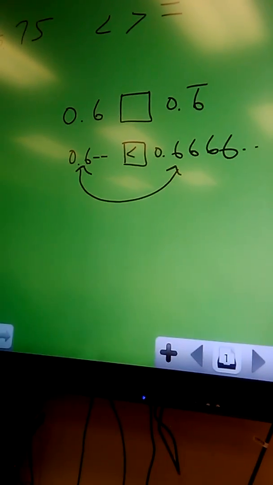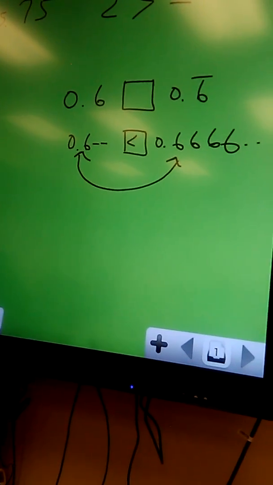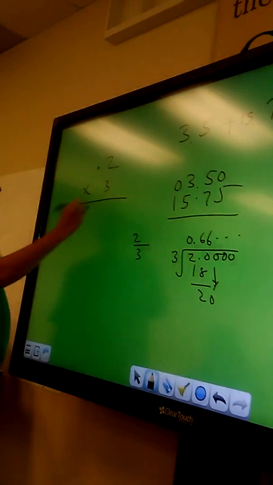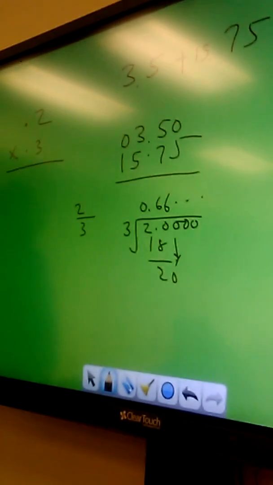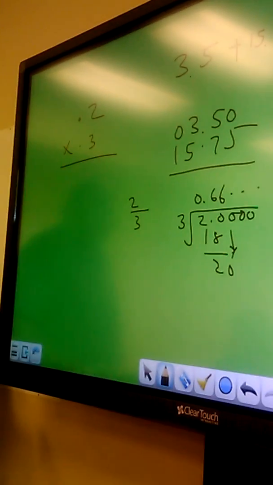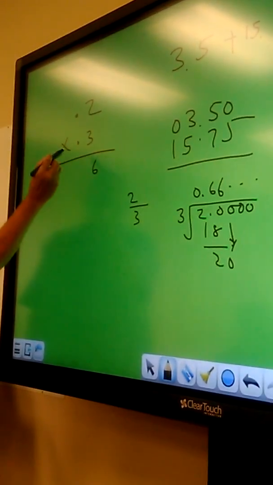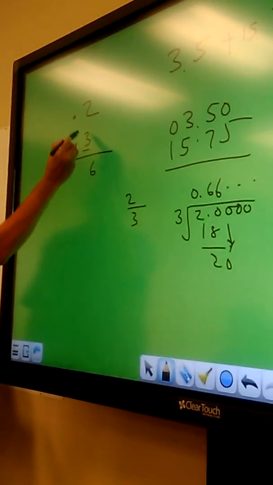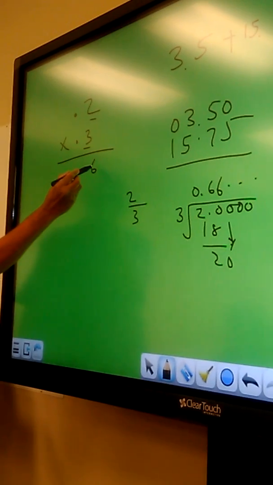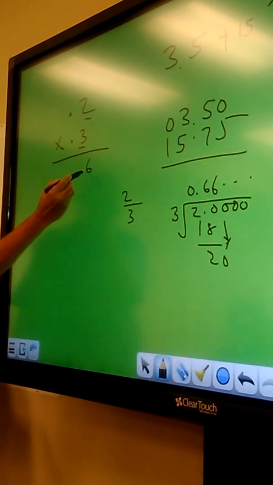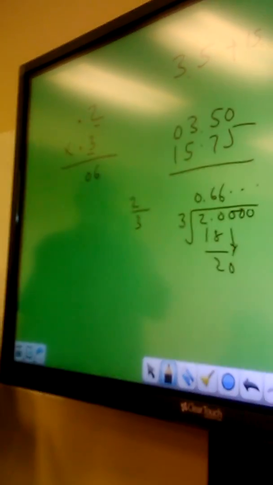How do we multiply decimals? What is 0.2 times 0.3? What is the answer? 0.06. Yeah. 3 times 2 is 6. Then how many numbers do I have after the decimal? 2. One number here, one here, so 2. So I have to move the decimal twice. This is only one time.